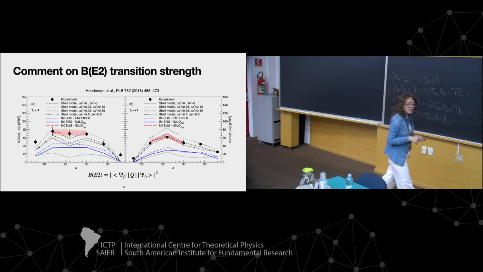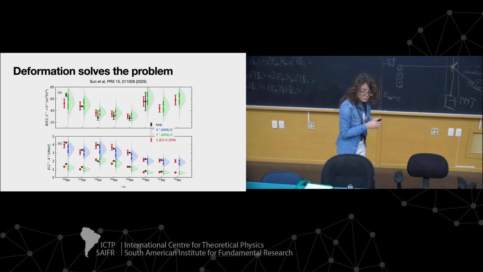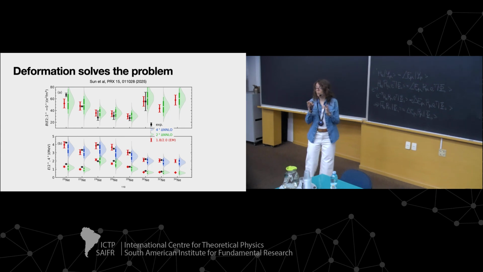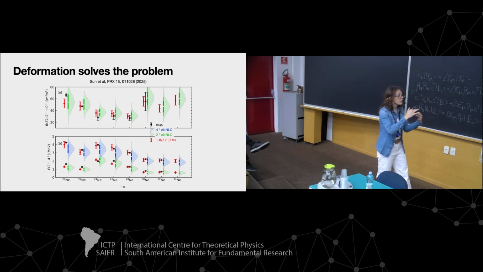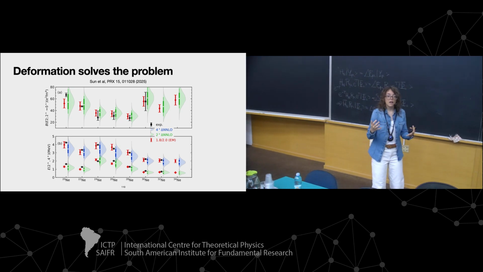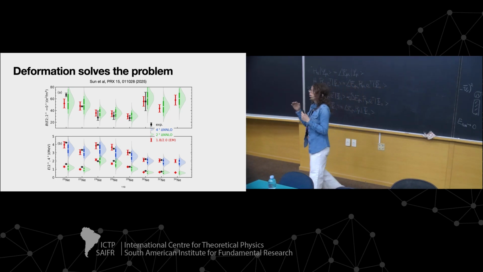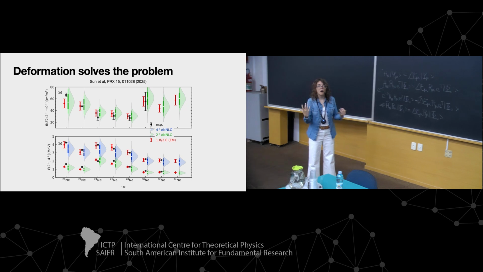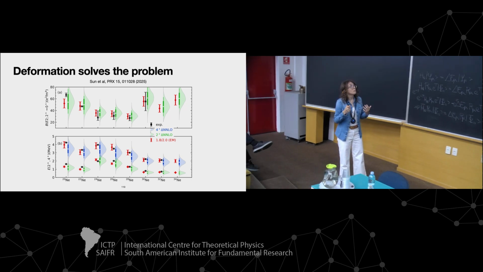And actually, the solution that has been found to this problem was to introduce deformation in our reference state. So up to now, I presented to you results in which we are just using a spherical Hartree-Fock state. But we can also think, okay, we break rotational invariance, and we work with an axially symmetric Hartree-Fock state in order to be able also to model deformed nuclei.